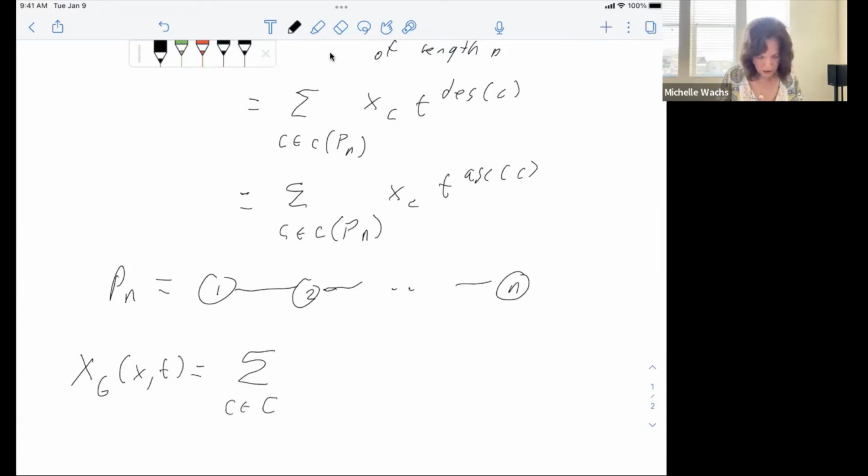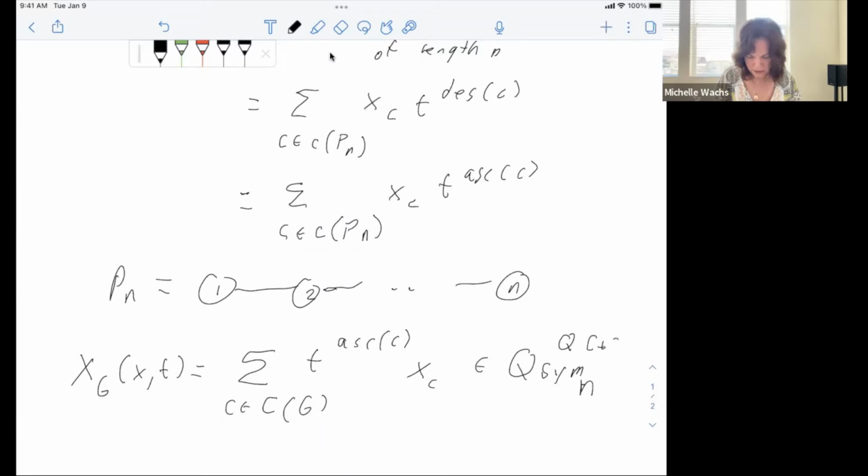Here C ranges over proper colorings of any graph, and we chose to use the ascent formulation. And this is a quasi-symmetric function over the ring of polynomials in t.